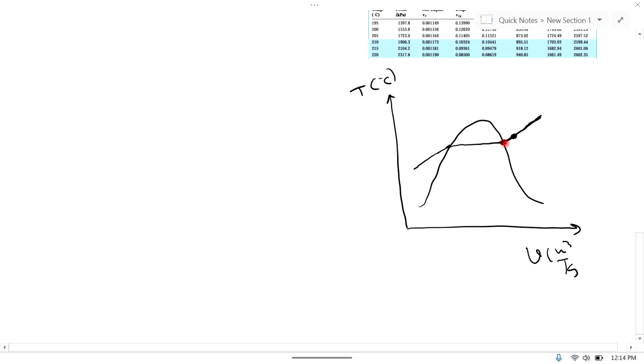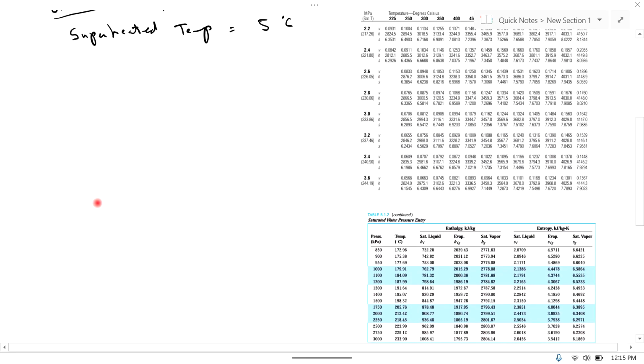From this point to this point, this is point 1, because the start is from this. So the start point is 5 degree heating from saturation temperature. So this is point 1, and from the saturated liquid line to the point 1, the temperature is 5 degree. So this is the superheating temperature.